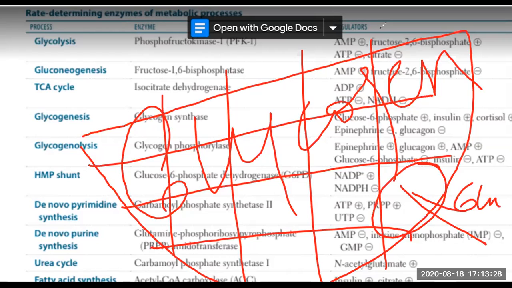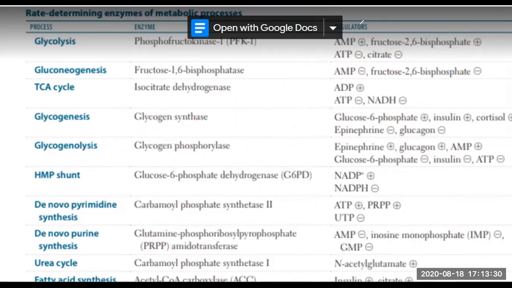So the point of discussion is, when you have a sufficient amount of ATP, again the same mechanism, lots of ATP already, you don't need to break down this chunk.